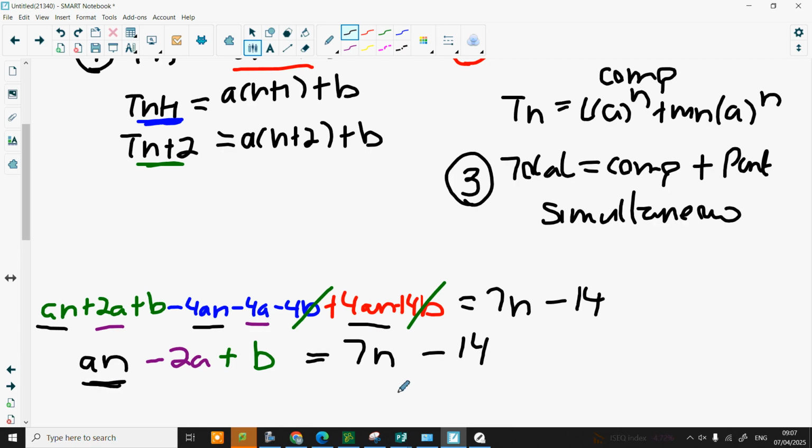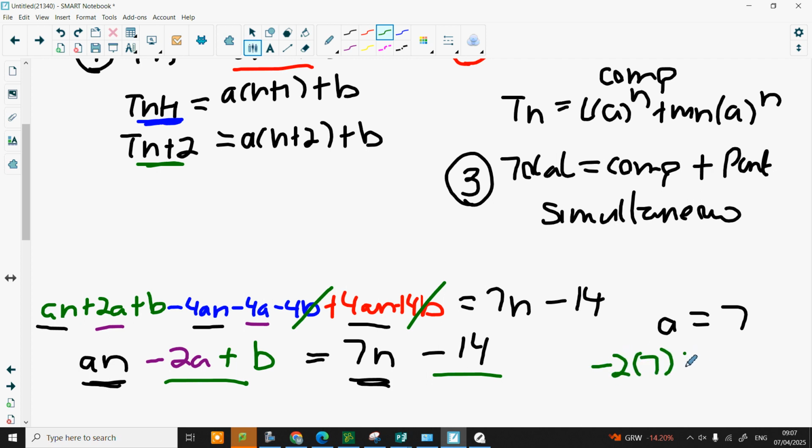Now we can clearly see that the a is 7. And if that's the case, then we can say that this part here equals 14, so it's minus 2 times 4 plus b is minus 14. And we can clearly see that b is 0, isn't it? So we're happy that b is 0?